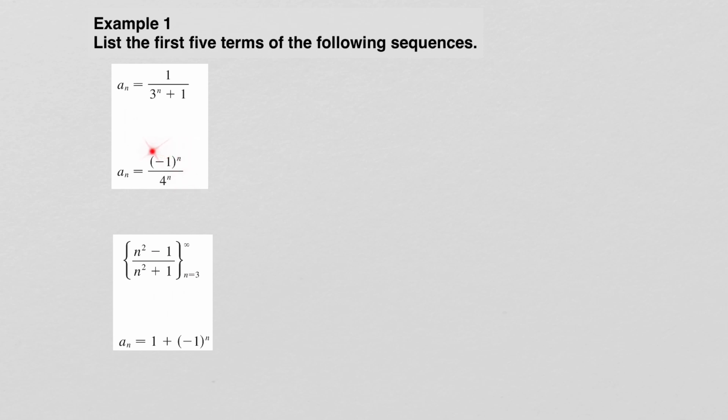For the next sequence here, we have An is equal to (-1)^n divided by 4^n. So let's go ahead and list the first 5 terms here. The first term is going to be (-1) to the first power divided by 4 to the first power, and this is -1/4.